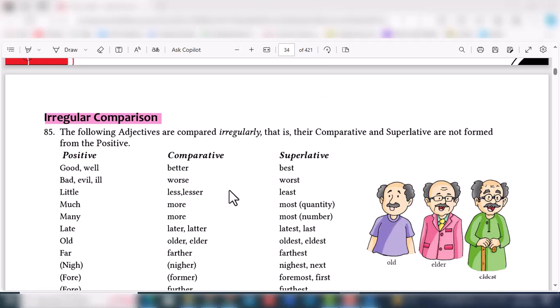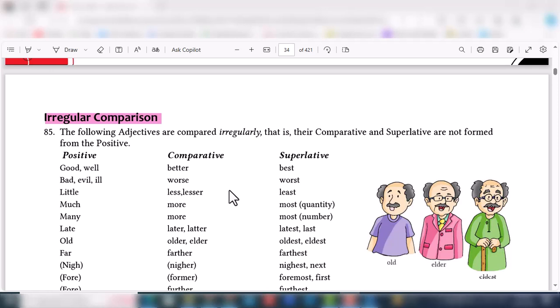The last concept of this chapter is irregular comparisons, and we can call these irregular degrees of adjectives, which make the comparative and superlative. In irregulars, we all know that there is a change of spelling. Regular degrees are those where we just add er and est to make the comparative and superlative.